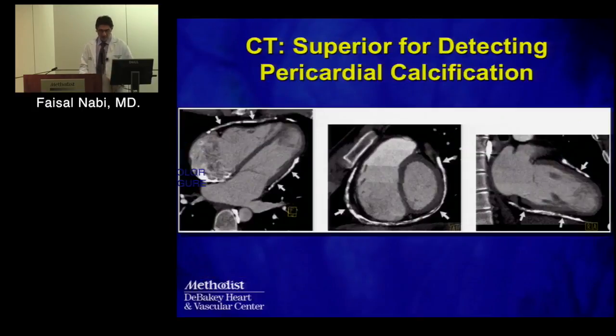This is one more slide showing how easily with CT you can see pericardial calcification. Calcium is a very reflective structure, and this is obviously an extreme example, but you have really no problem seeing the calcification.